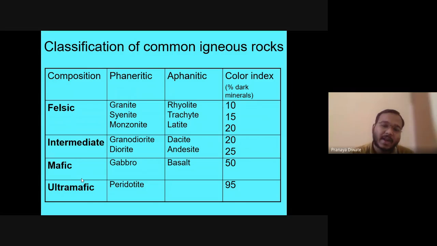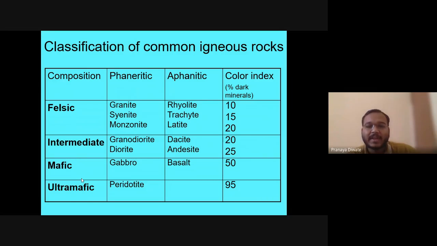Because of what other minerals are there. When the granite and rhyolite have the same composition, the difference is that granite is an intrusive rock, that's why it has a large crystal. Rhyolite is an extrusive rock, that's why it has a small crystal.